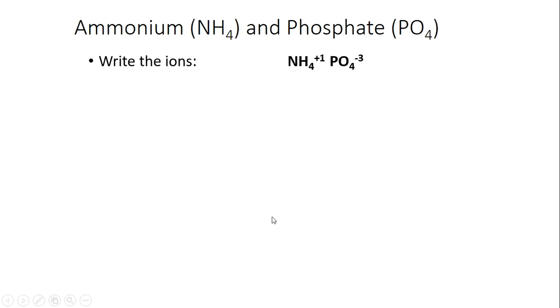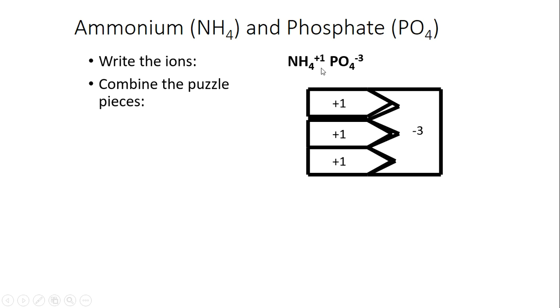All right, the same thing goes with ammonium phosphate. Ammonium is this whole group and it has a +1 charge, and phosphate is this whole group and it has a -3 charge. Just like with potassium, it would require 3 of these. We need 3 +1s to cancel out the -3 to get to 0.